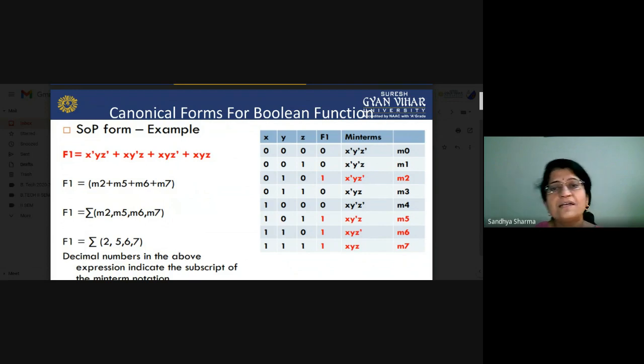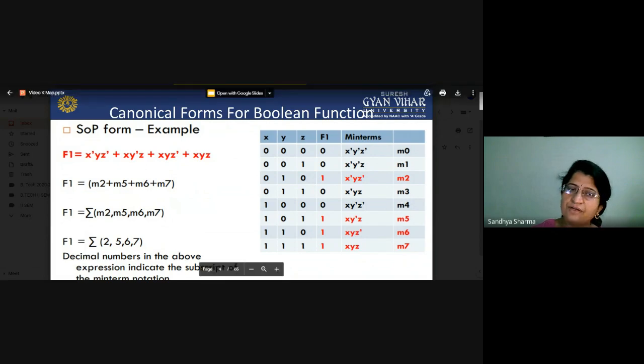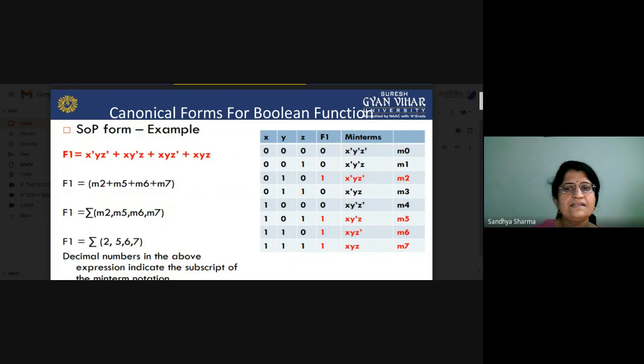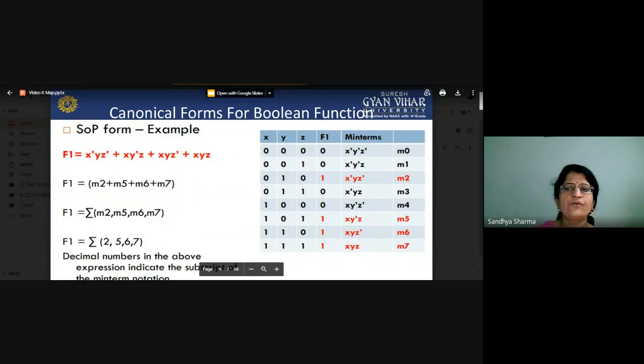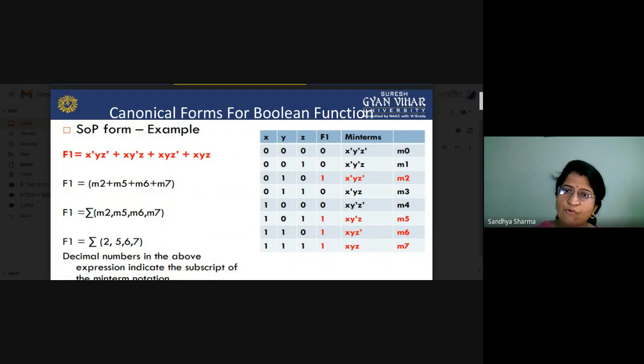So that will be x, y, z: 0 0 0, 0 0 1, 0 1 0, 0 1 1, 1 0 0, and so on. These are the different combinations of our three variables, and we have the function f1. In f1 we note the terms that are equal to 0, and m2, m4, m6 and m7 are equal to 1. These four terms are equal to 1.